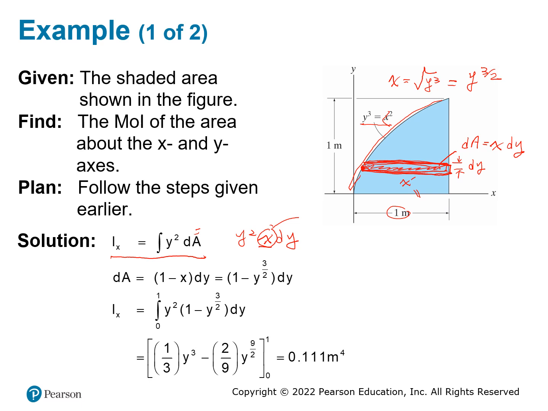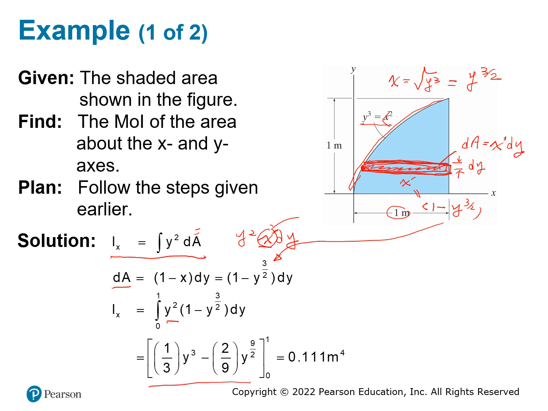The area is going to be x prime times dy. The x prime is equal to 1 minus this value, which is y to the 3/2, and that is why we put this one here. That is your dA. Then you multiply with the y squared, and then you do the integration.